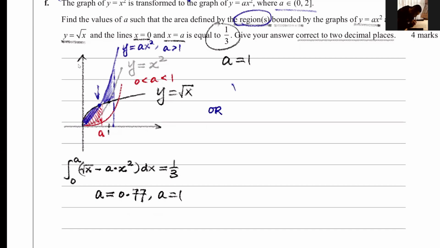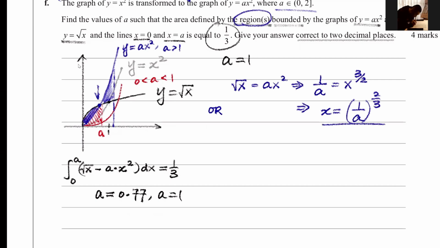Or you could say root x equals ax squared. So 1 over a equals x to the power of 3 over 2, and x equals 1 over a to the power 2 over 3. This is where the middle intersection is.